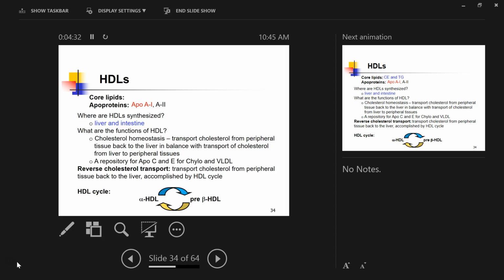So again, you need to understand, under the different physiological conditions, which tissue synthesizes which lipoprotein, what the purpose is, and what the destination tissue is that the lipids are being transported to.